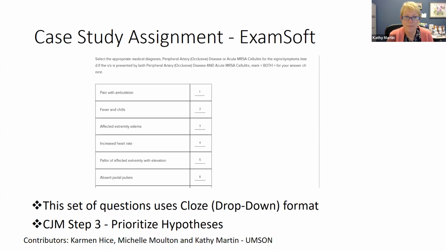This item is in ExamSoft, and it is using a set of symptoms that there are 10, but of course I'm only showing you a selective selection of them. Students are then to look at the symptom and identify which disease is related to the symptom.